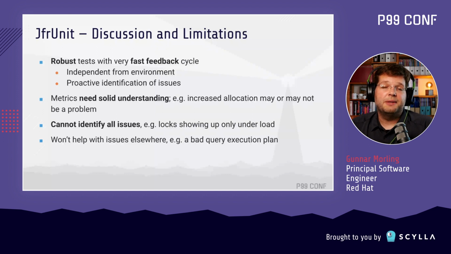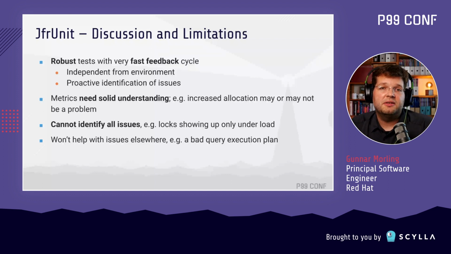What's very important to keep in mind is those metrics need a very solid understanding. In particular, if such an assertion fails, it may be a problem or it may not be a problem. If you think about object allocations again, maybe our application is suddenly allocating more objects than it used to. Well, this could be a problem because it allocates objects for no good reason, and then we should fix it.